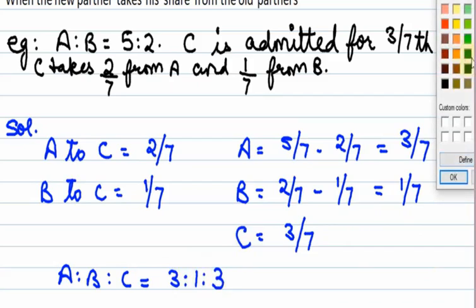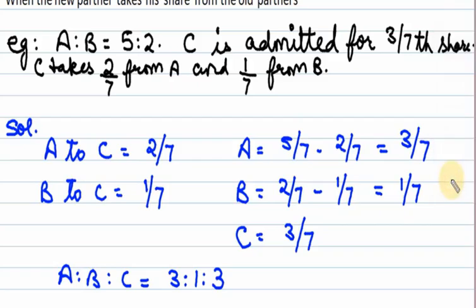Let me explain it to you once again. Here we are given that the share that C will get, he is taking it from A and B. And how he is taking? He is taking 2/7 from A and 1/7 from B. When you add this, 2/7 plus 1/7, it will be 3/7.